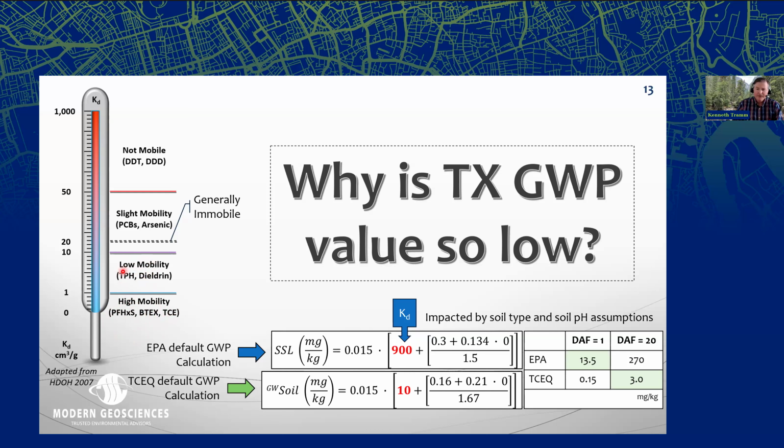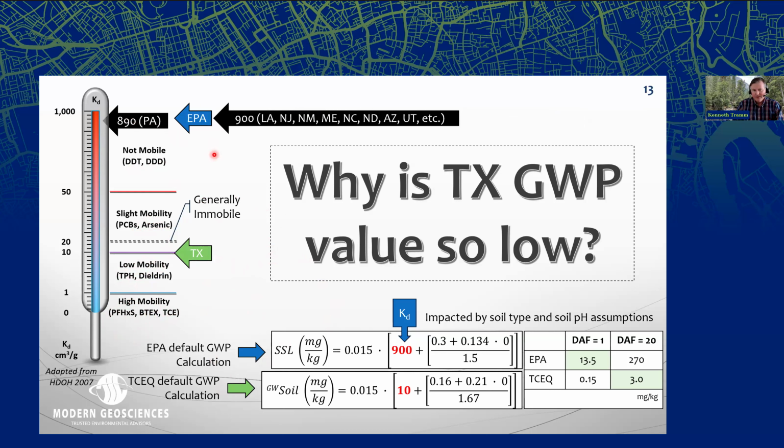As we move up to less mobile species, you see we get different classifications. And so this is where the Texas KD value that we assume for our model would live, and this is where that 900 sits. Pennsylvania, just being different, likes to use 890. Almost everybody else likes to use that 900.